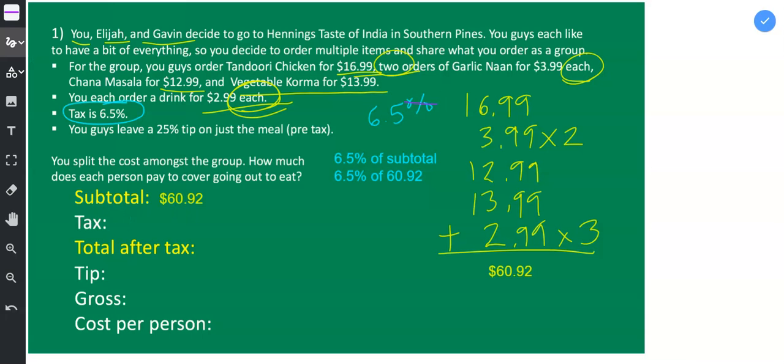So I get rid of the percent sign. I already see a decimal, so all I need to do is move this decimal 2 times to the left, and I get 0.065.